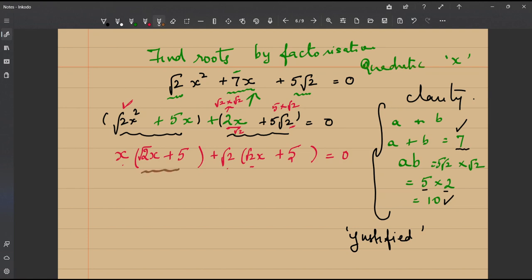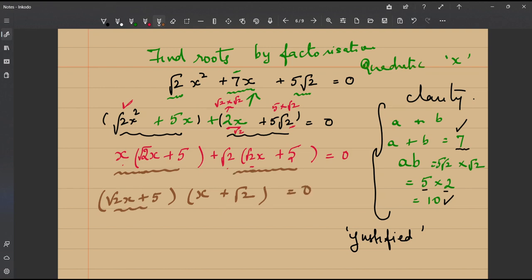We have root 2x plus 5. Now we have that root 2x plus 5 is common to the two terms. So let us factorize root 2x plus 5 and let us write the rest within the brackets: x, because root 2x plus 5 into x will give you this term back again, plus root 2, because root 2 into root 2x plus 5 will give you the second term back again.